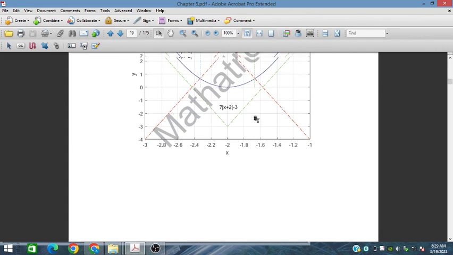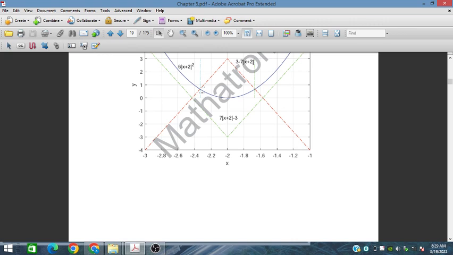in this diagram. This is minus 1.7 or something. So we can see this. So we have these two solutions.